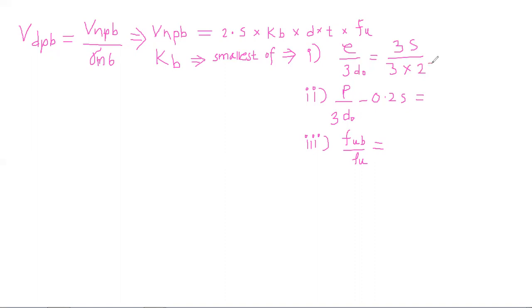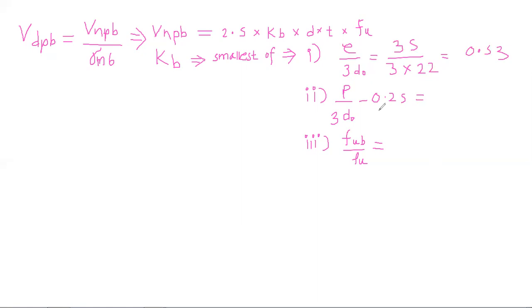So the diameter of hole will be 22 mm, not the 20 mm. 20 mm is the diameter of bolt, 22 mm is the diameter of hole as per the IS code. Now this value will be 0.53. You can calculate this value on your calculator.